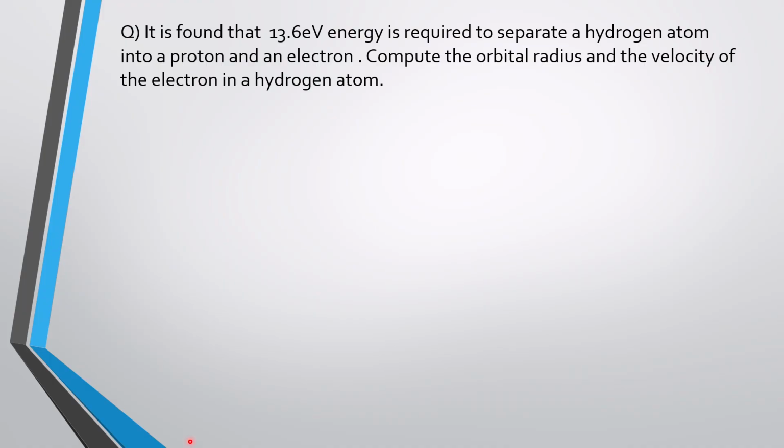Now let us do a problem. It is found that 13.6 electron volt energy is required to separate a hydrogen atom into a proton and electron. Compute the orbital radius and velocity of the electron in a hydrogen atom. So 13.6 electron volt energy is needed to separate the hydrogen atom into proton and electron.